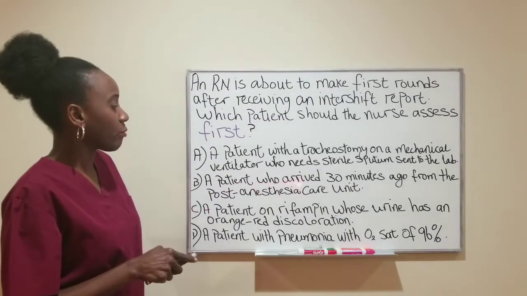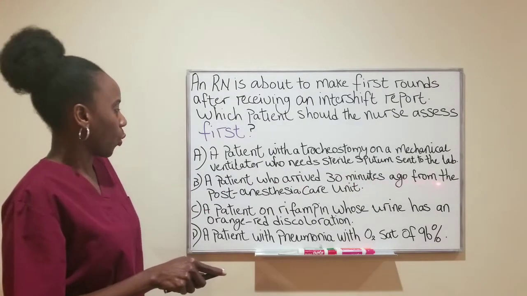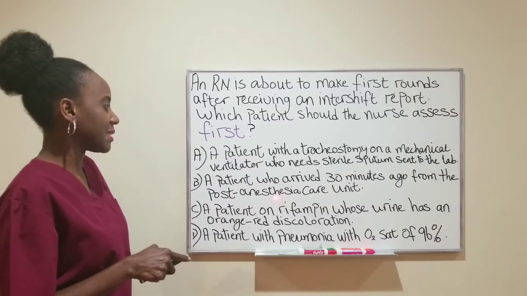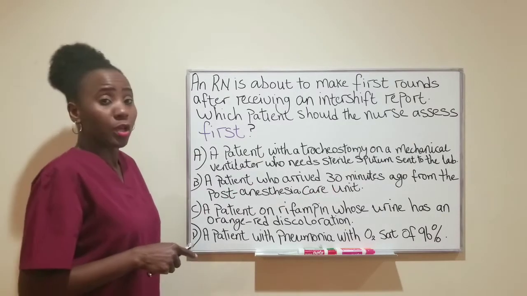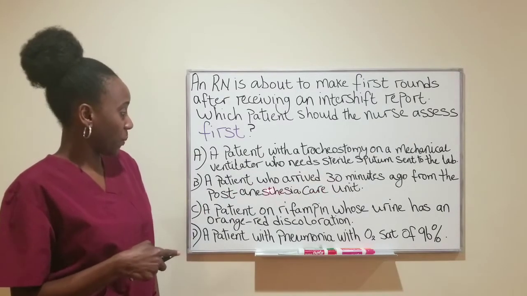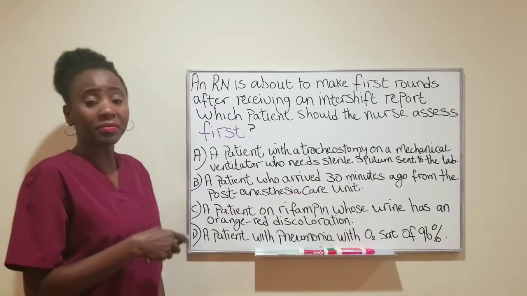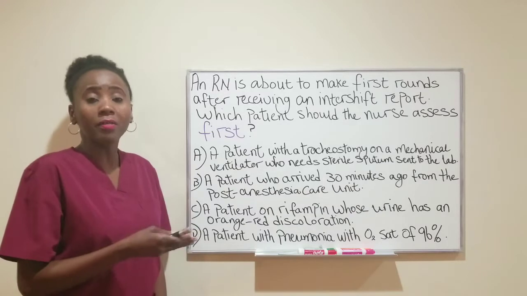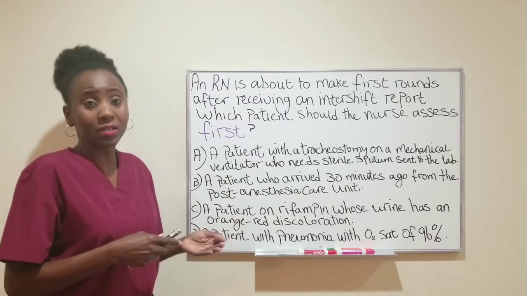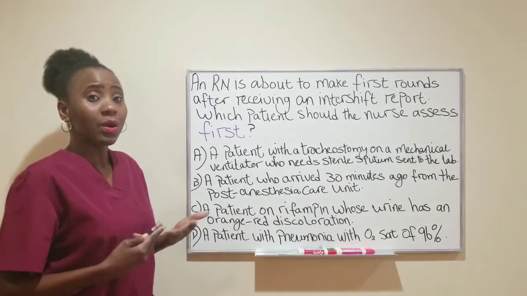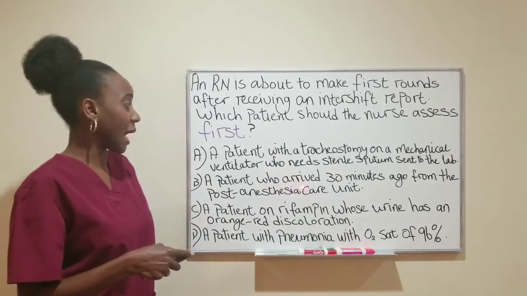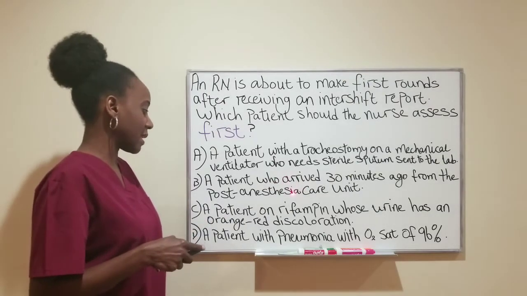A patient who arrived 30 minutes ago from the post-anesthesia care unit. So I know that this patient had surgery because the patient was in the PACU and they've just arrived on the unit a mere 30 minutes ago. So this patient would be a priority for me because I would have to be assessing the vitals.